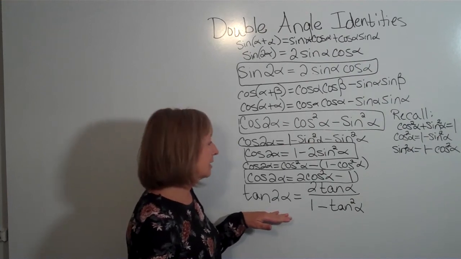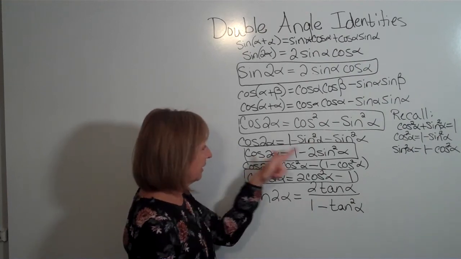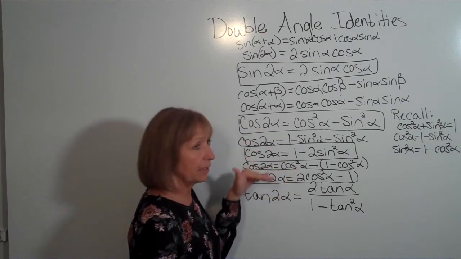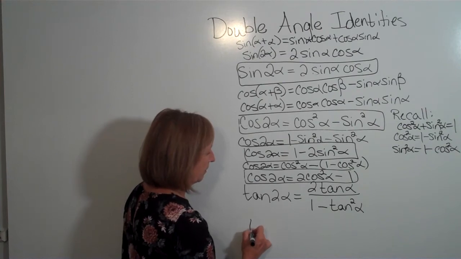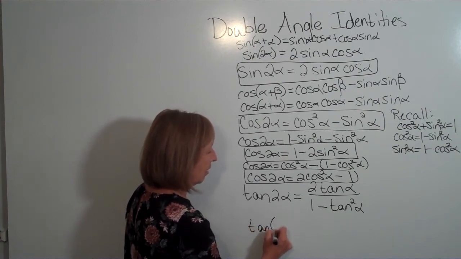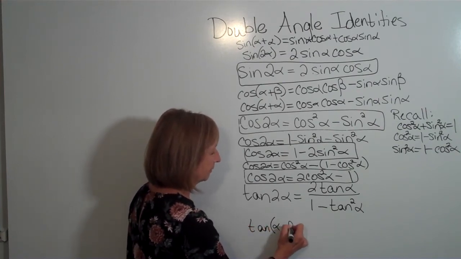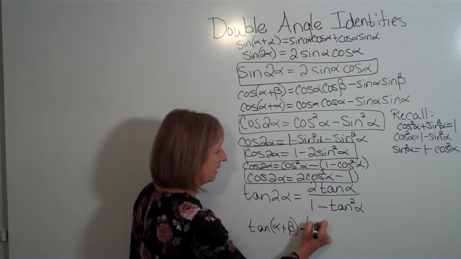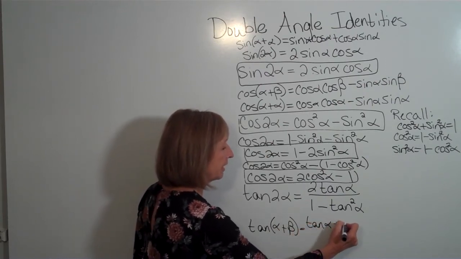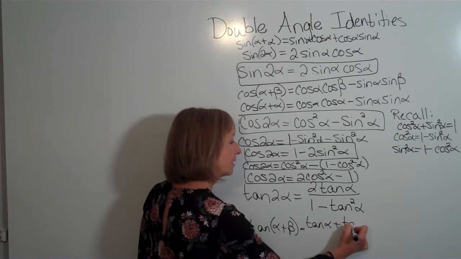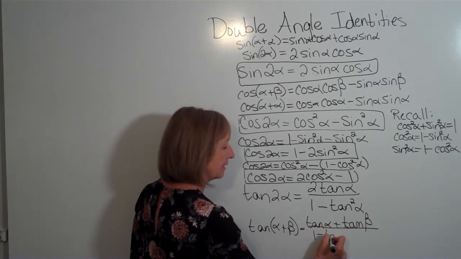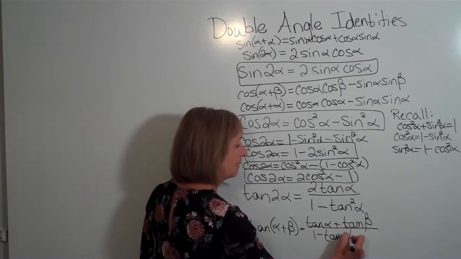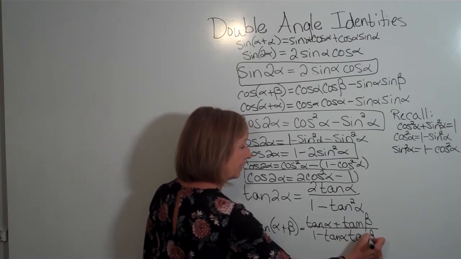Lastly, let's look at the tangent of twice an angle. We have a piece of it here because of developing the cosine of twice an angle. Let's develop this below it. So remember, the tangent of alpha plus beta is the tangent of alpha plus the tangent of beta over 1 minus the tangent of alpha times the tangent of beta.